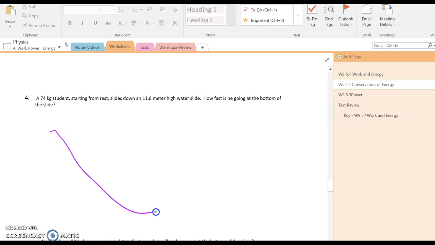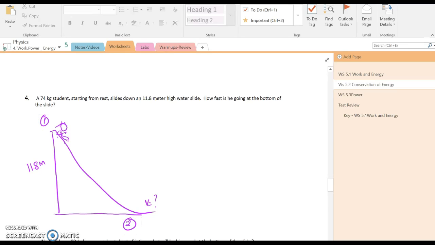So you have a slide here, and here is the student. So we know that the height of this is going to be 11.8, and we want to know what is the velocity at the bottom of the slide. So let's call this position 1 and this position 2.